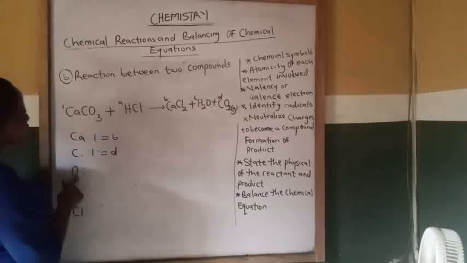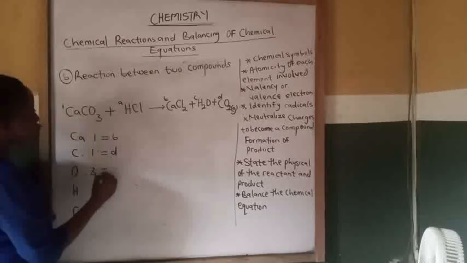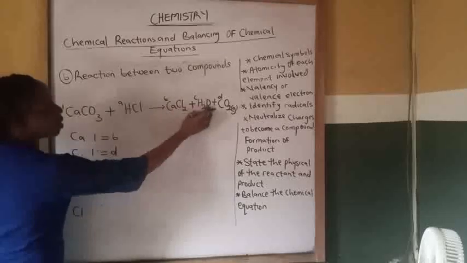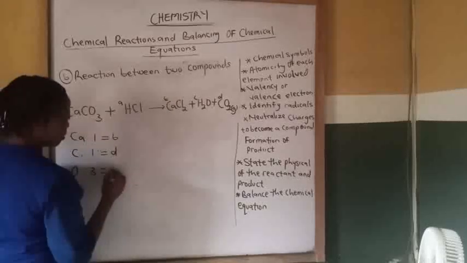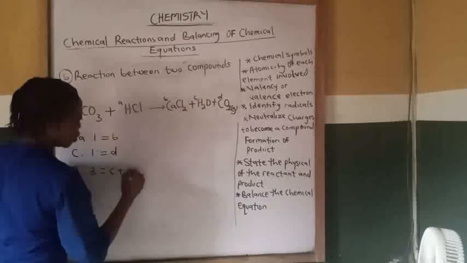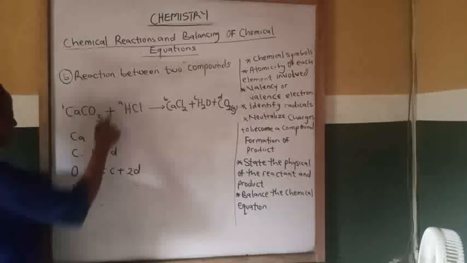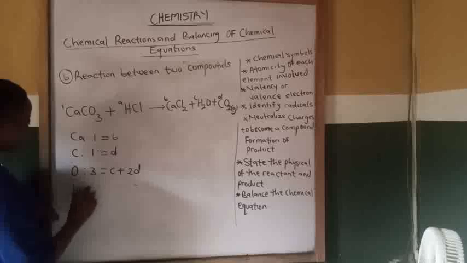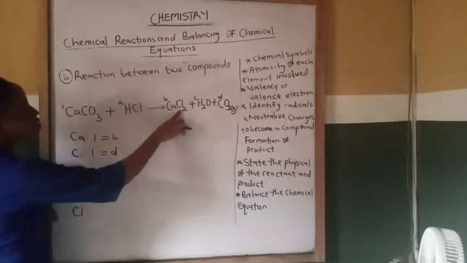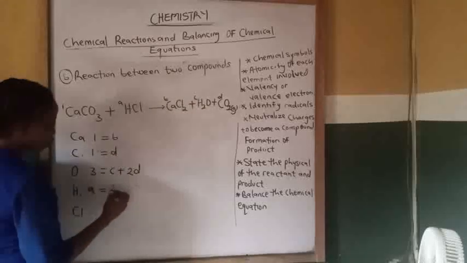Then oxygen. How many oxygen are this side? That's 3. 3 times 1 will give me 3, equal to, there's no oxygen here. Then we have 1 oxygen, 1 times C will give me C, plus there's oxygen here, so 2 oxygen times D will give me 2D. So hydrogen. 1 hydrogen here times A will give me A, equal to, there's hydrogen here, so 2 times C will give me 2C.